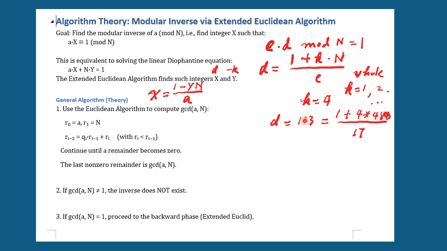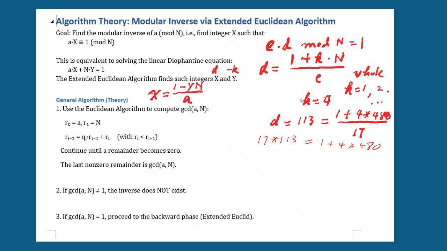Why is that true? Because if you go back to the original definition, this method basically follows the original definition. See, if you find 113, and 17, you multiply, and then this is 1 plus 4 times 480.